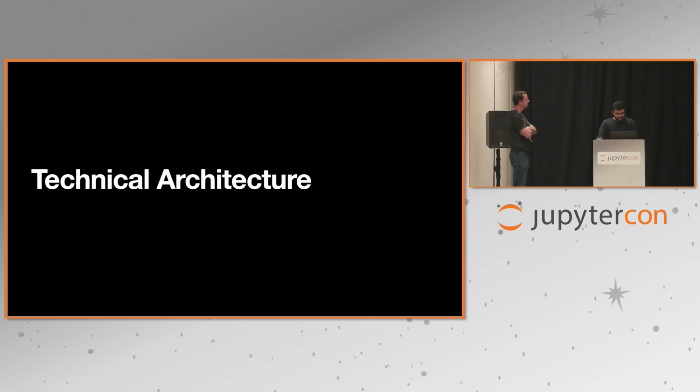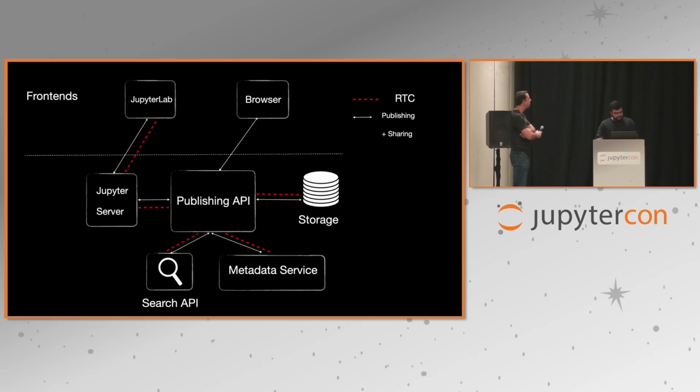All right, so it's a bit about the architecture, I think. The way we have done it is, since we had this requirement to support browser access on the published notebook, we've hosted it separately from the server. But ideally, if you have just the Jupyter deployment, you could actually co-host it with the server.